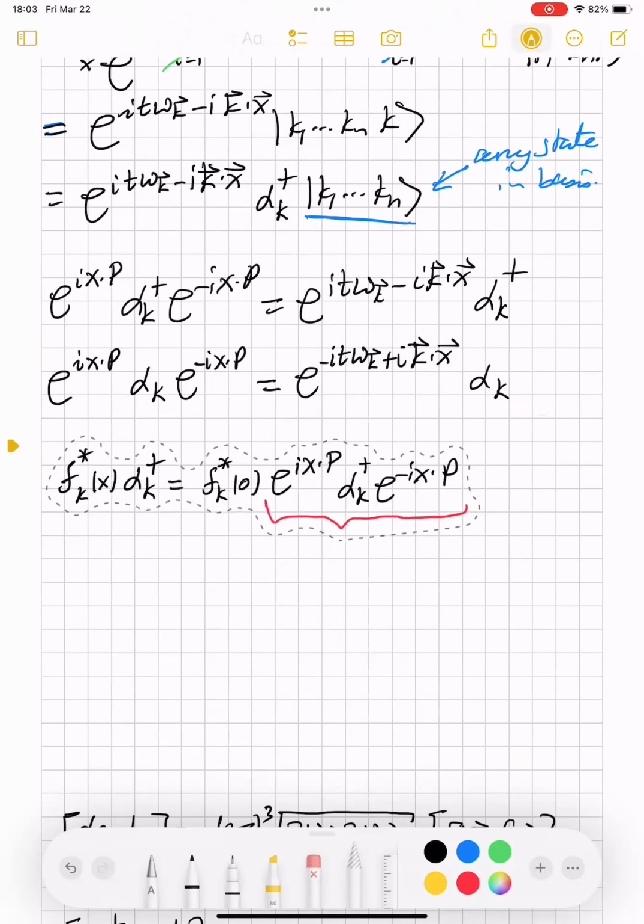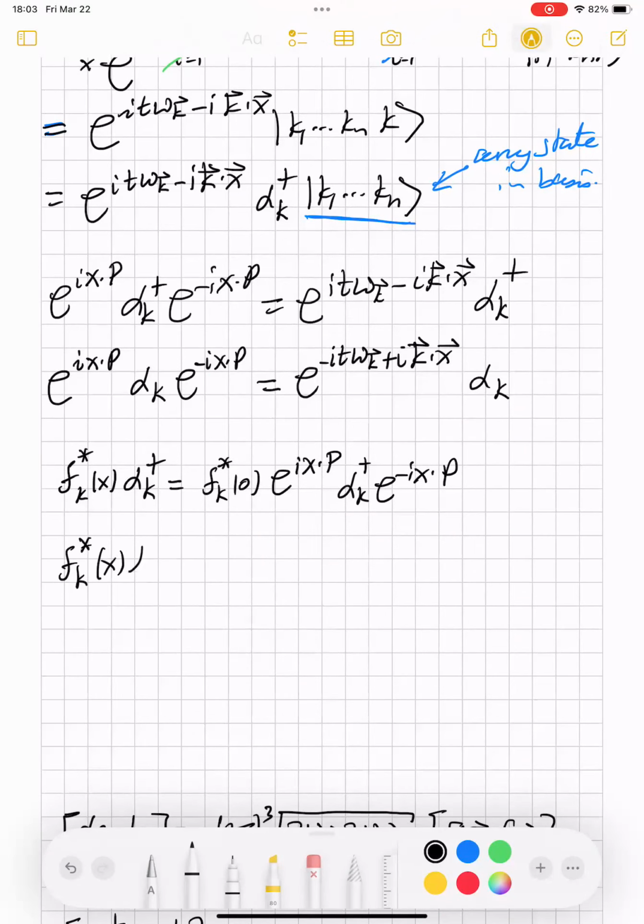So that's the equation we want to solve, and we can immediately say that fk star of x alpha k dagger is equal to, now we've got fk of naught, that's a start, and the e to the i x dot p alpha k e to the minus i x dot p is just e to the i t omega k minus i k dot x alpha k dagger.